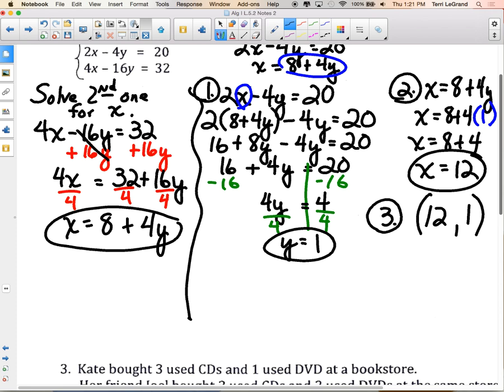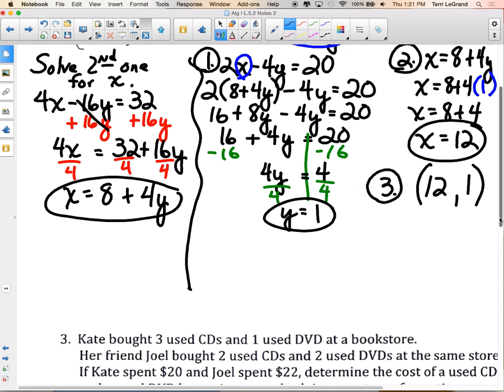So really doing all the same steps we were doing on Monday, it's just that we have to rearrange one of the equations, get it solved for x or for y, make good decisions about which one to get the x or the y alone in. Doesn't mean that you can't get the answer right if you don't make the same decision I do. Just means you're going to have to work harder probably. Okay, let's go to number 3.